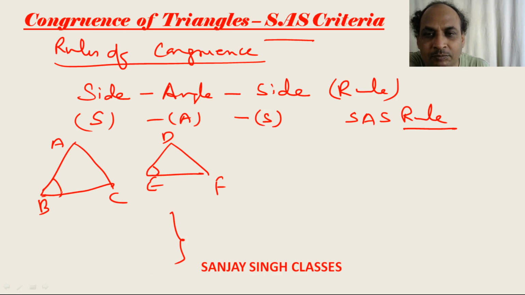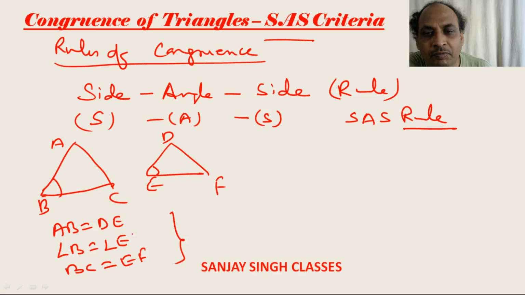So one side, suppose AB is equal to DE, and angle B is equal to angle E, and BC is equal to EF. So two sides and the included angle are equal.